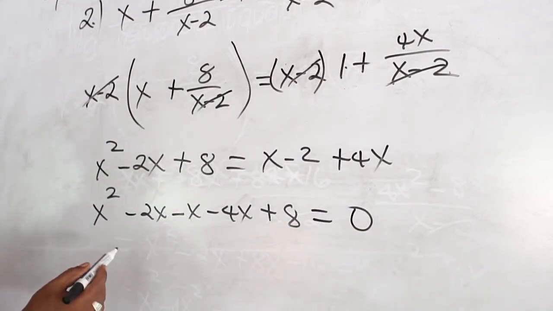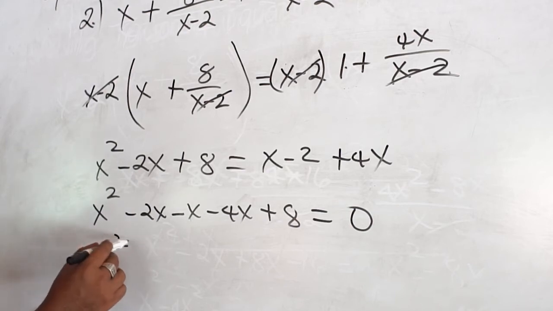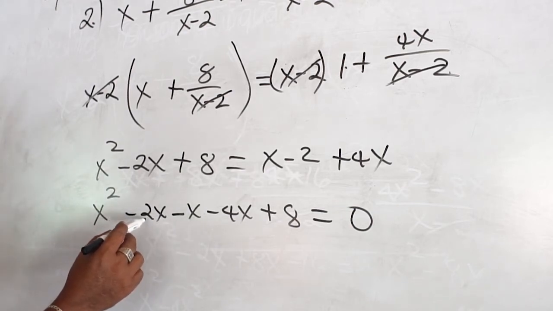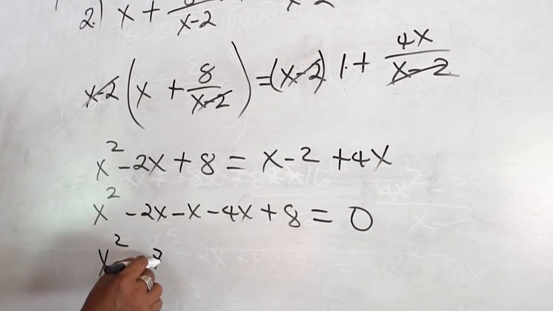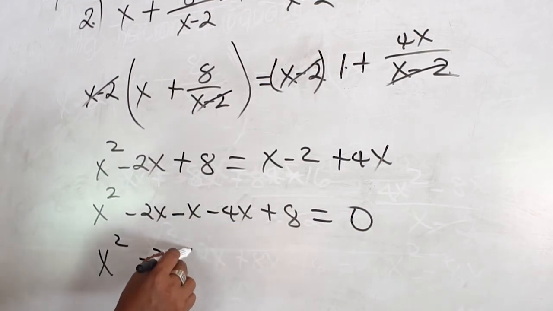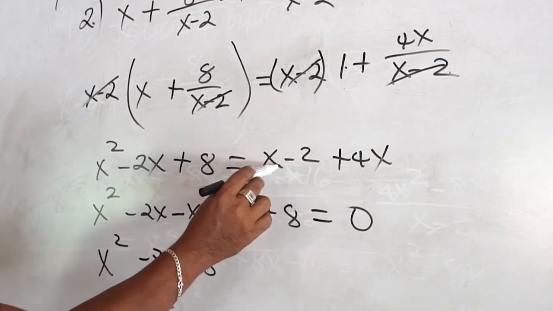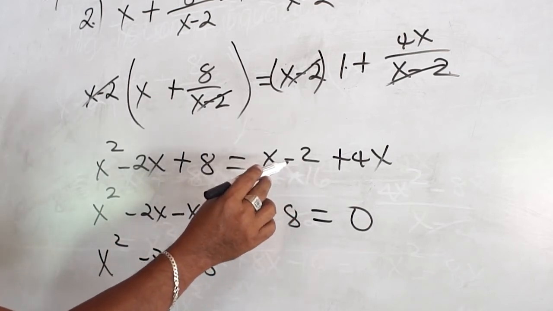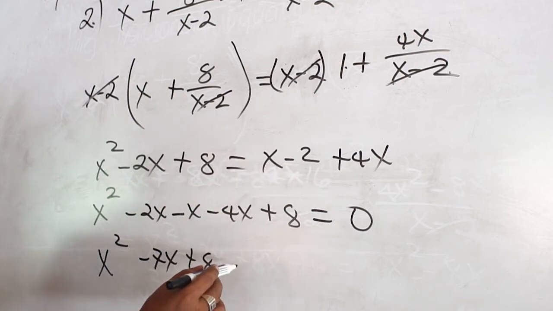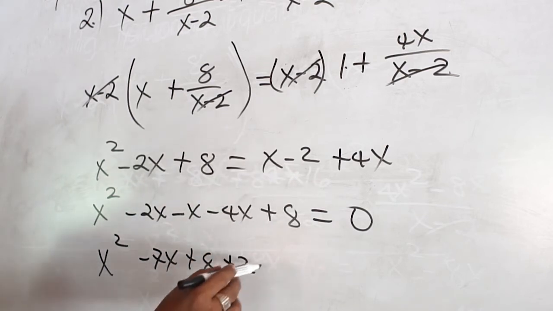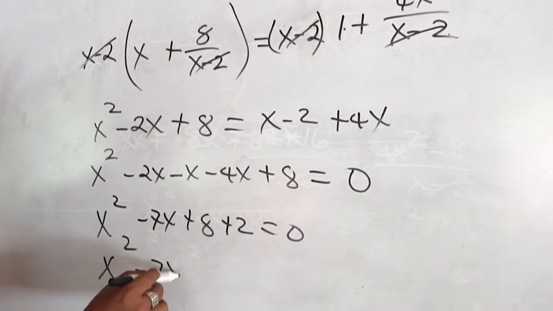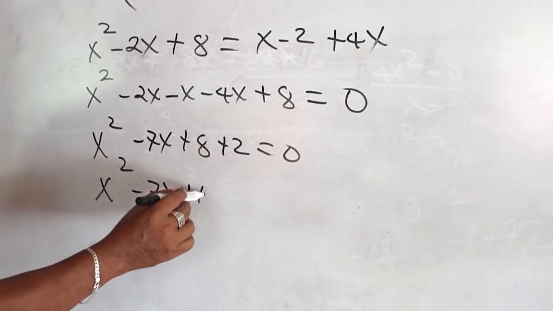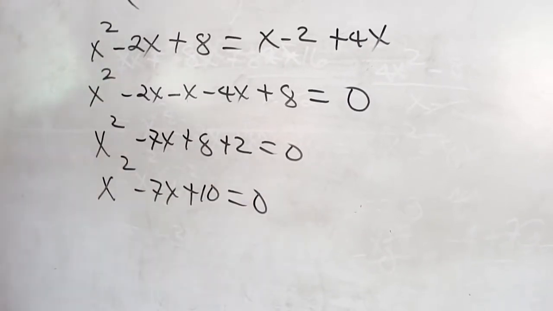Then combine: x squared, negative 2x, negative x, negative 4x, the result is negative 7x. Then we have positive 8, then transpose, it becomes positive 2, equals 0. So we have x squared minus 7x plus 10 equals 0.